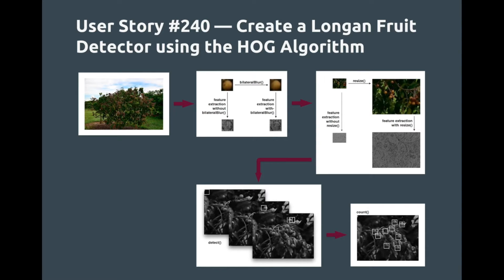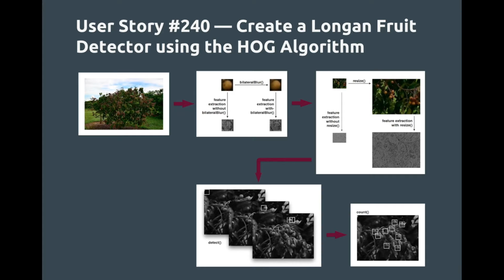So we apply a scaling operation, followed by, in the bottom left, the illustration of the execution of the detection algorithm, where for each of these small white windows, which are sliding across the image, one region of the image at a time, we compute the gradient vector and then feed the gradient vector into the SVM classifier, which determines whether what it is seeing is Longan or not Longan.